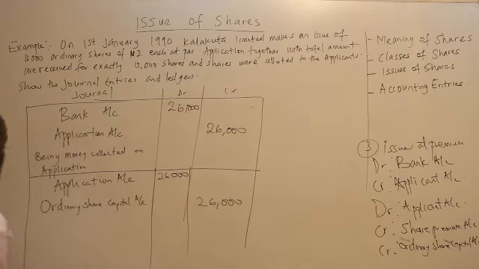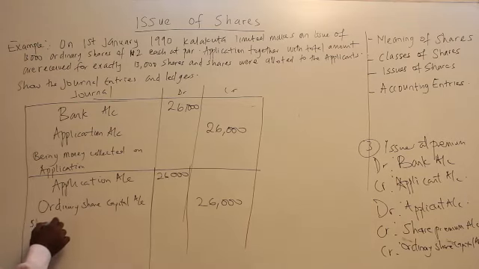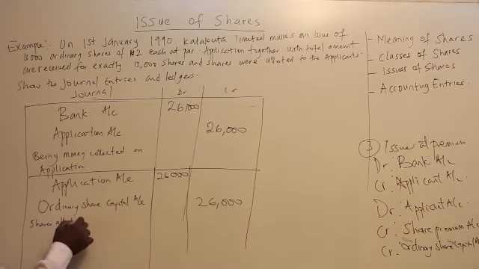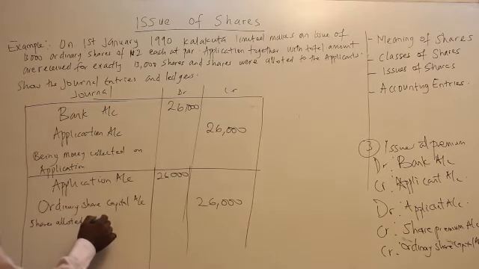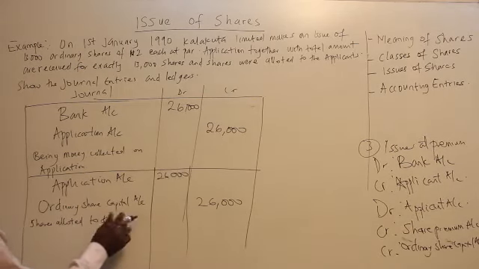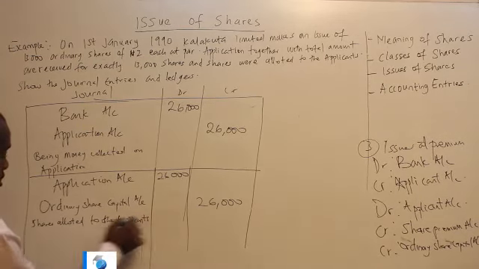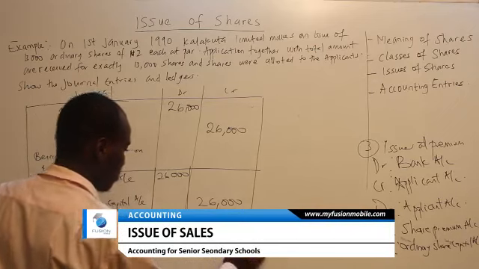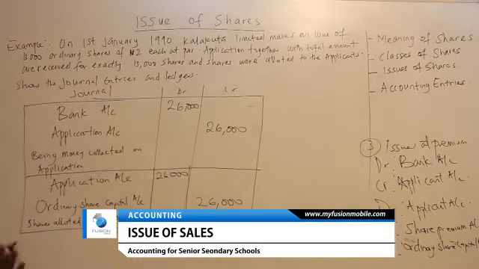So being share allotted to the applicants. That is the double entry principle for that. So we can open the ledger accounts.